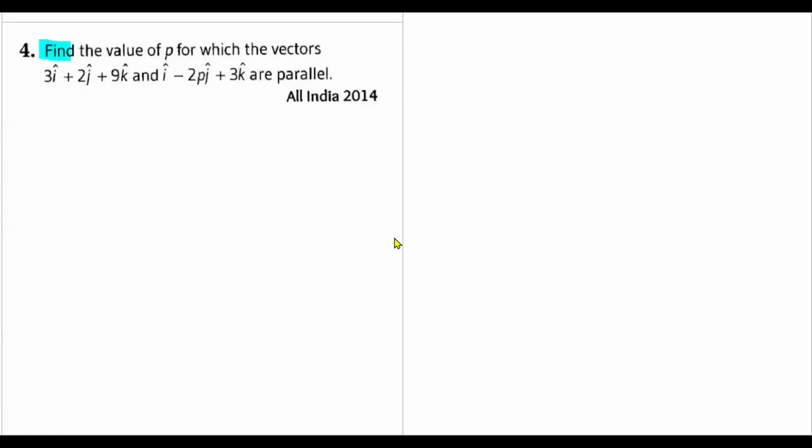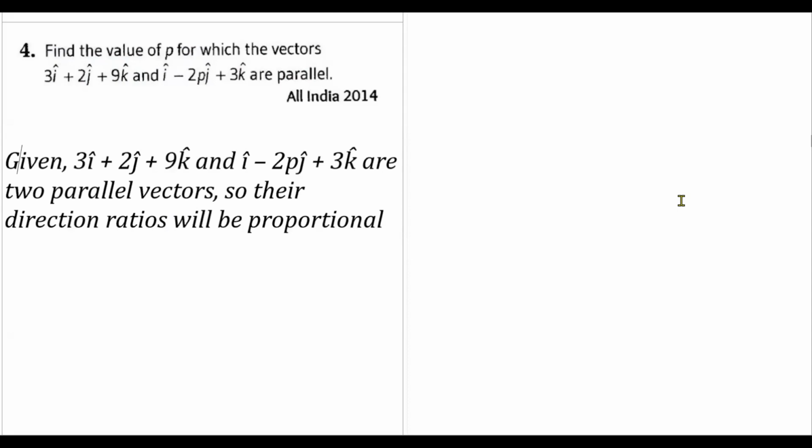In the fourth question, we have to find the value of this P, right? P is over here. So we have to find the value of P for which these two vectors are parallel. What you know is that two vectors are said to be parallel if their direction ratios are proportional, and the converse is also true.